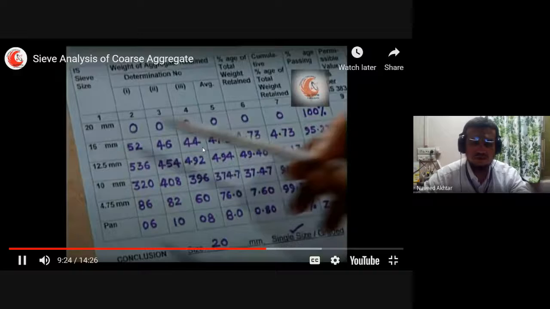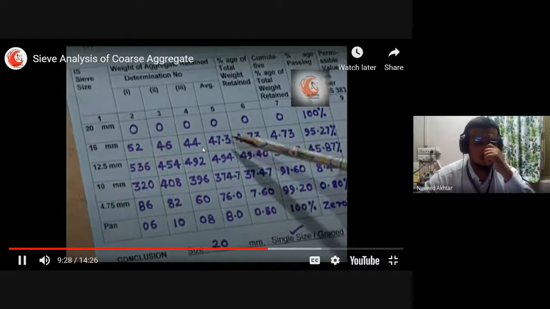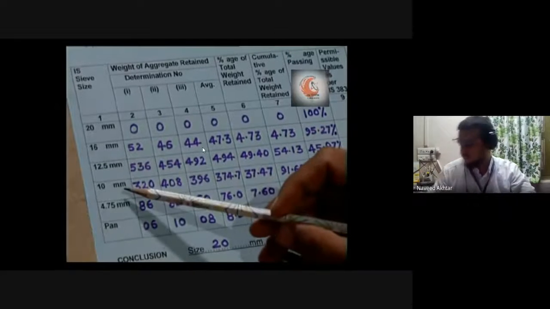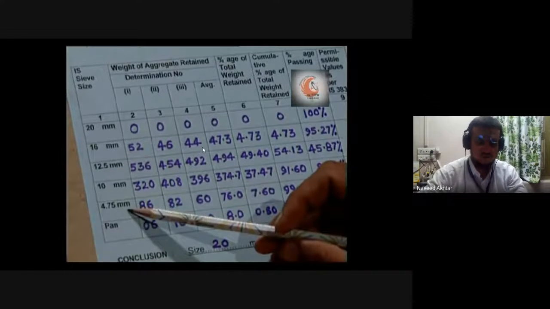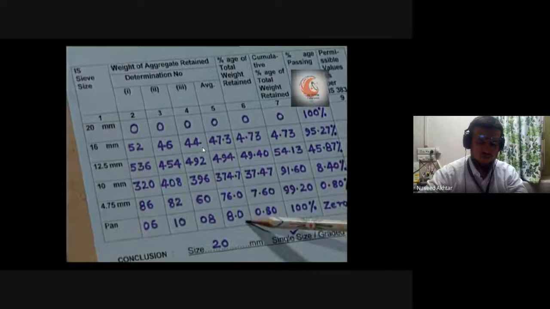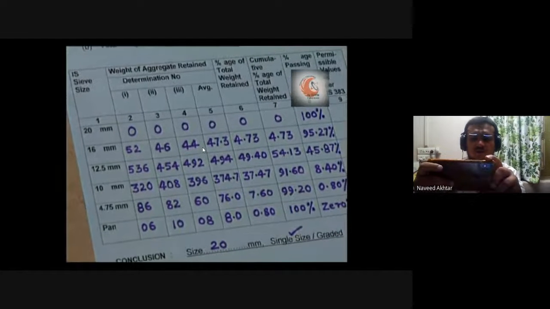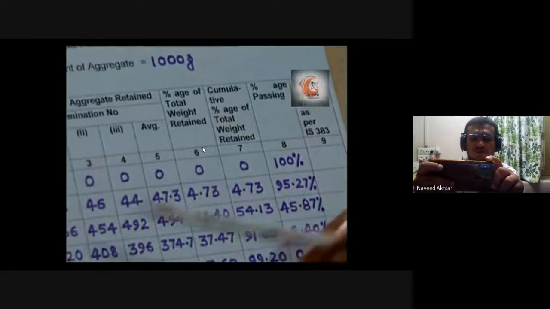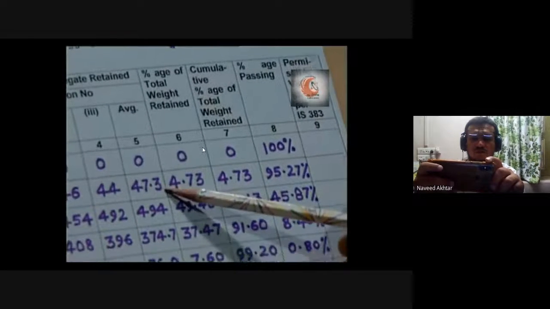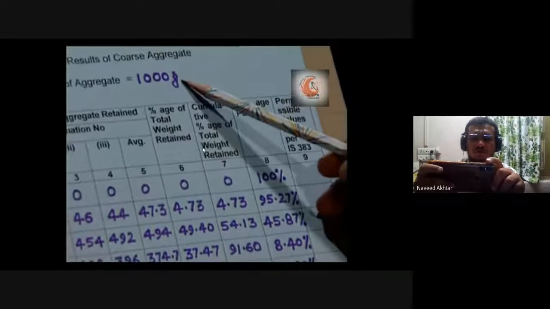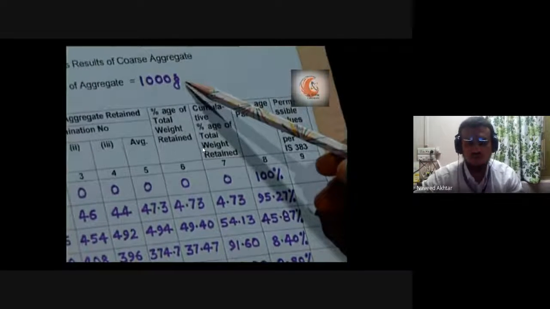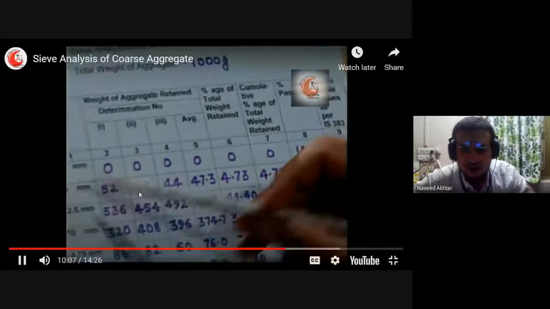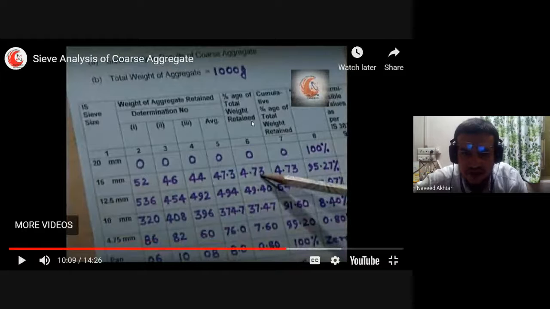Then you have to find out the percentage of total weight retained.